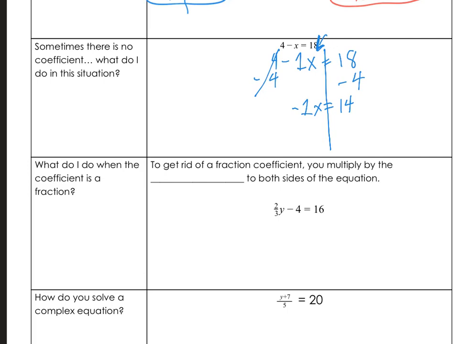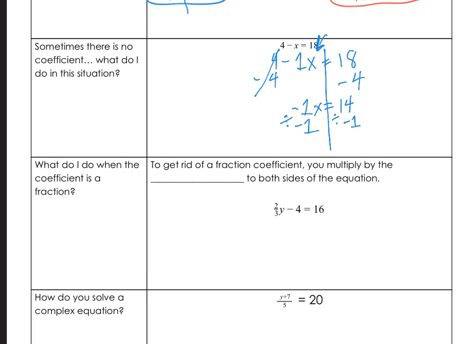Okay, so now I am not done because I have -1x equals 14. I don't want to know what -1x is. I want to know what 1x is. So in order to get just x, a positive x, I need to divide by -1. So I need to divide by -1 on both sides.